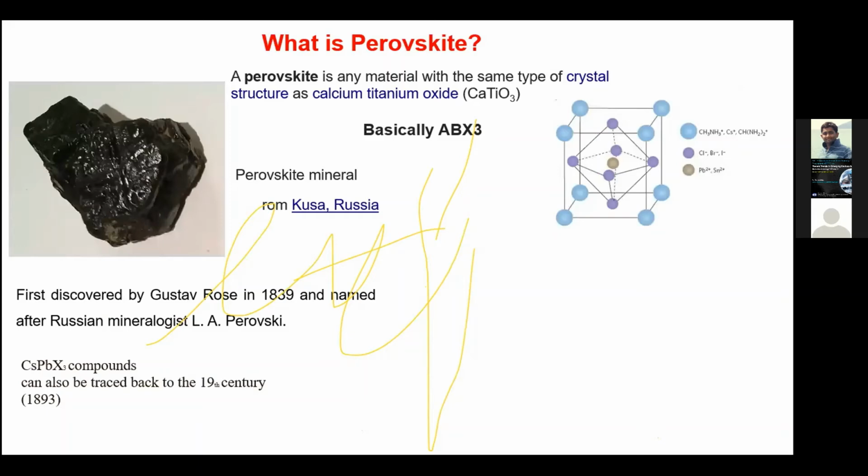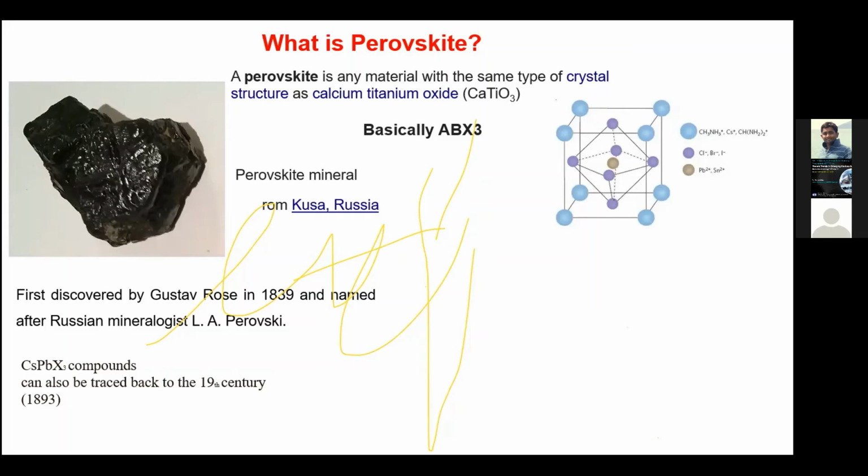Another material is perovskites. What is the perovskite structure? Basically, physics people use it as a calcium titanate structure.